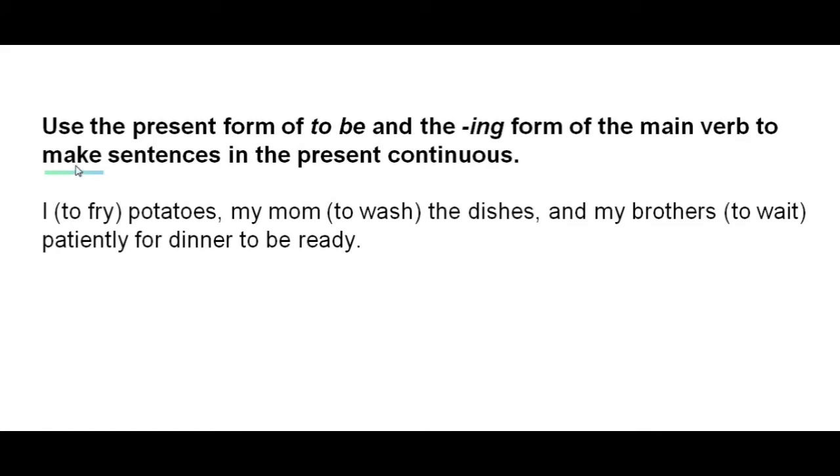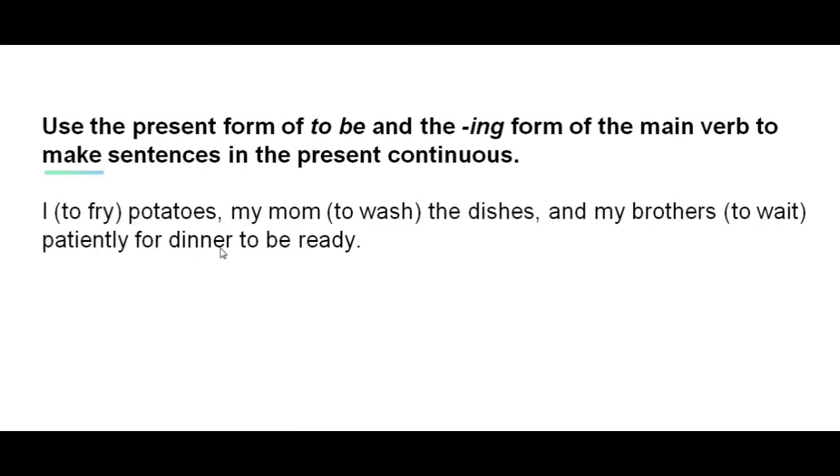Remember that we use the present form of to be and the ing form of the main verb to make sentences in the present continuous. Now read the following sentence and provide the present continuous form of the words in the bracket.